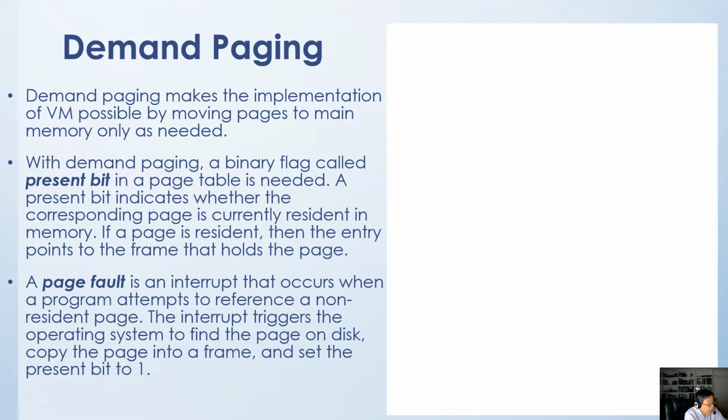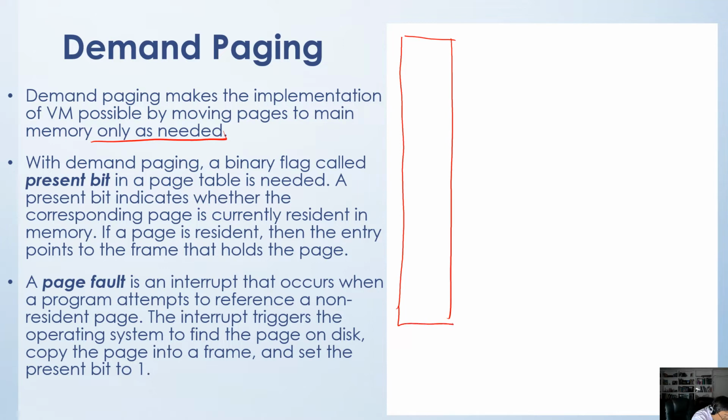So demand paging makes the implementation of virtual memory possible by moving pages to the main memory only as needed. Remember that if we have a process here, this process contains, let's say, n-1 pages starting from 0.